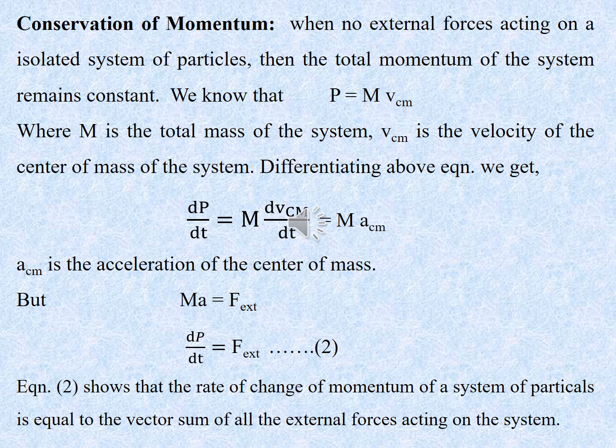Here acm represents the acceleration of the center of mass. We know external force F external is equal to ma. Equating the above two equations, dp by dt is equal to F external. The above equation shows that the rate of change of momentum of a system of particles is equal to the vector sum of all the external forces acting on the system.